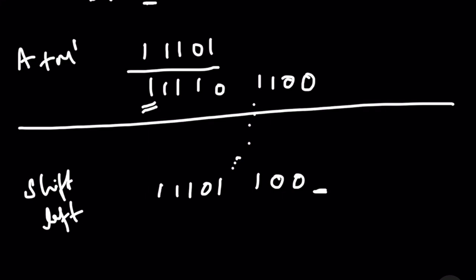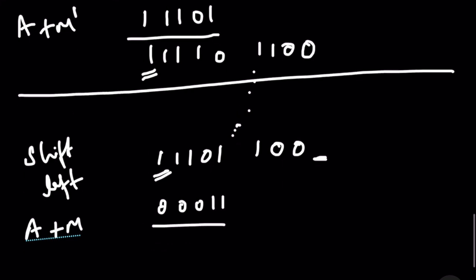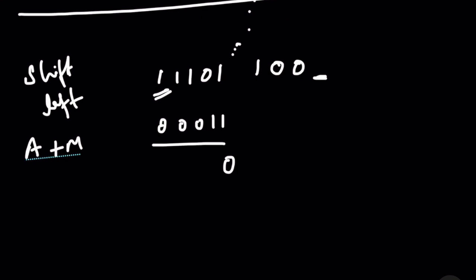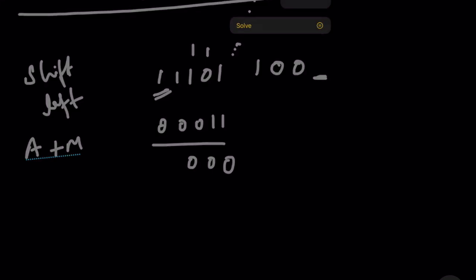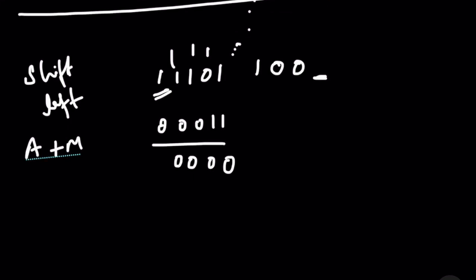Now the MSB of the accumulator is 1, so we'll be performing A plus M. So what is M? It's 00011. Just do a binary addition, 0 1 0 1 0 1 0 1.